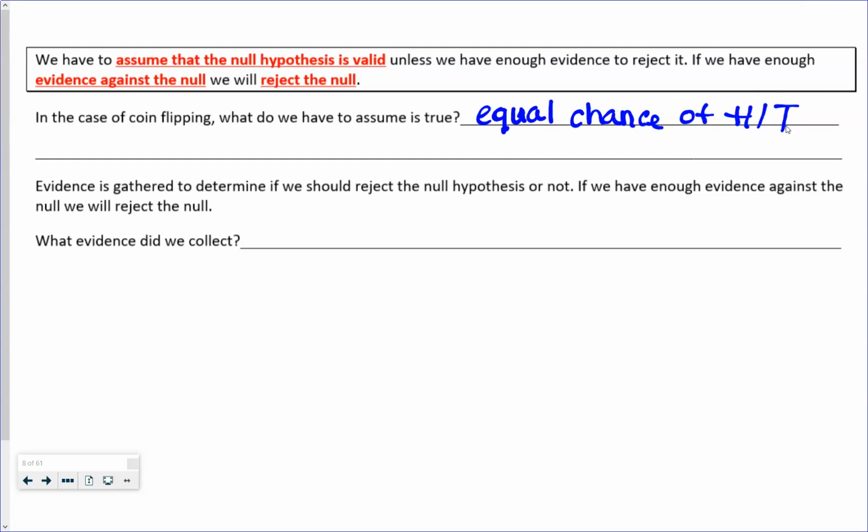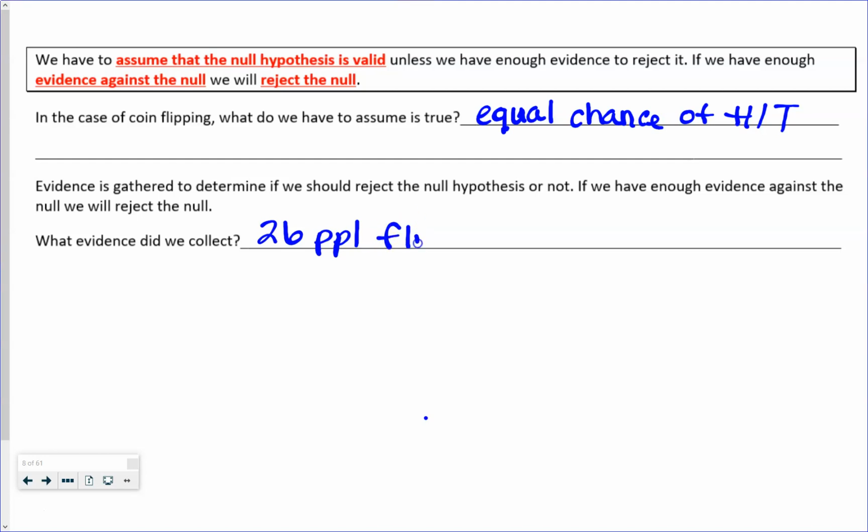Okay, so we did gather some evidence to determine if we should reject it or not. So what evidence did we collect? Well, I got evidence from 26 people. Here, we'll use the class.